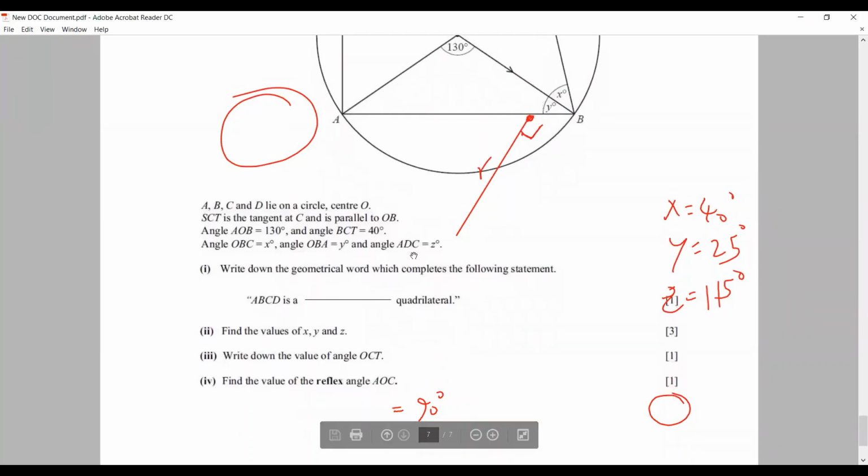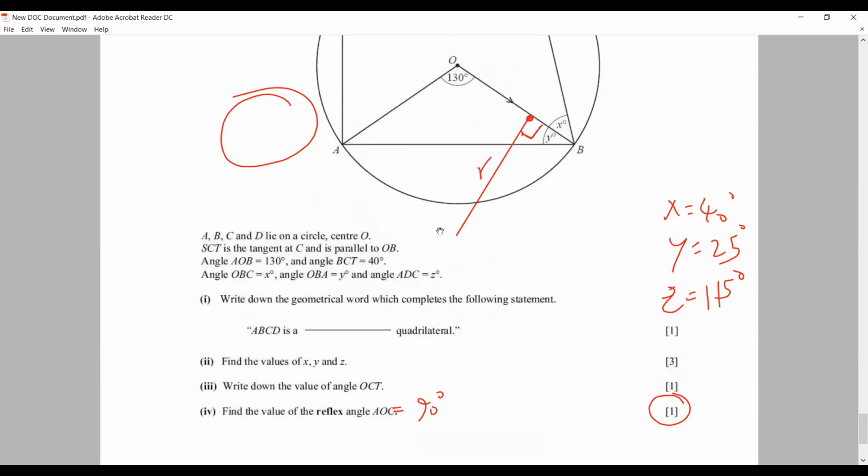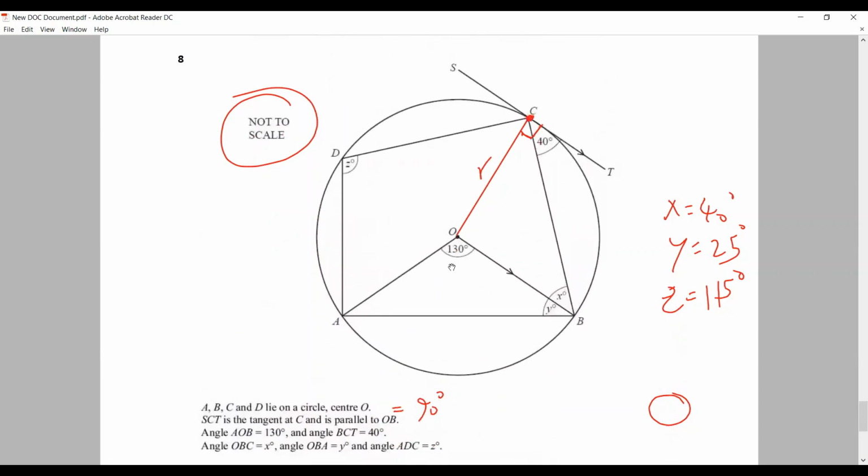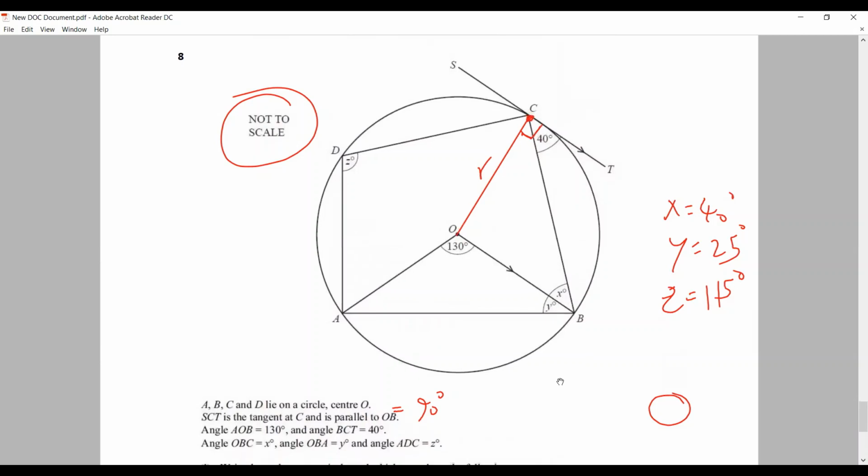And then find the value of the reflex angle AOC. So AOC, there are basically 2 angles. They want the reflex one. So this is one, and this is one. So reflex, you know, it means more than 180, right? So I know the value of Z, right? This is 115.